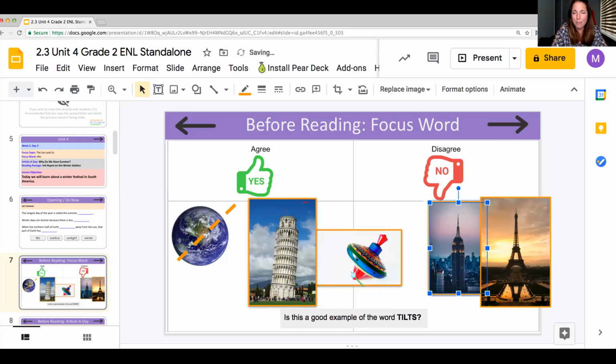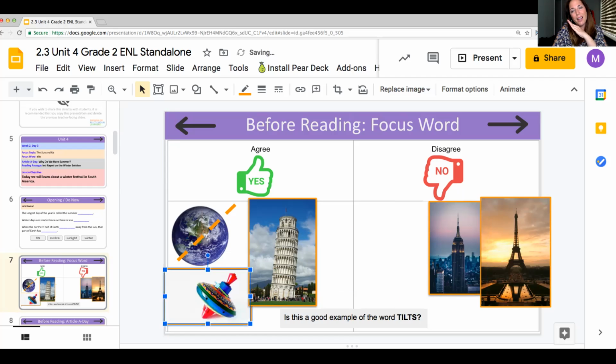And what is this picture called? Does anyone know? So this top, do you agree or disagree if it's a good example of the word tilts? Let's see your hands. Yeah, readers, we can see that this top leans or tilts to one side.